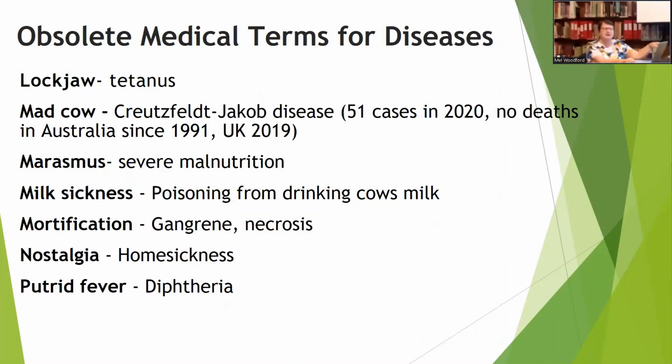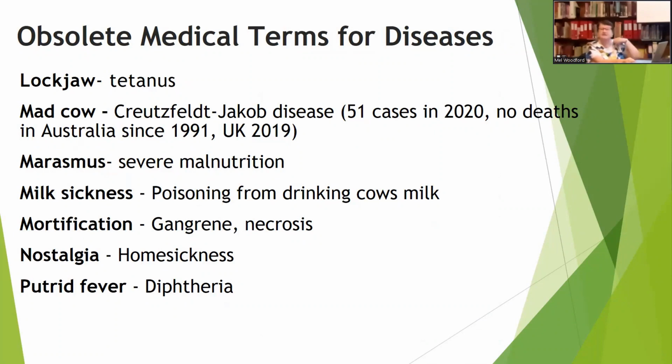Just some other ones. Lockjaw is tetanus, because that is one of the things that happens. One of the first signs is that their jaw can't move, and then they get paralysed. Mad cow disease, that's Creutzfeldt-Jakob disease. And in Australia, we did actually have 51 cases in 2020, but no deaths for many years.